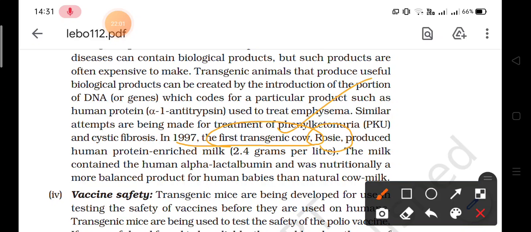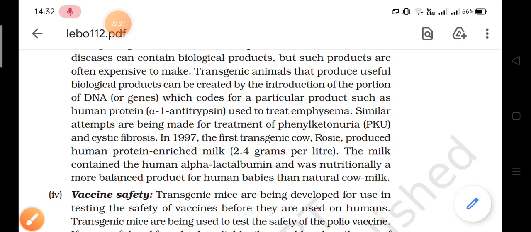Because of that, the milk produced by this cow contained a human protein, alpha lactalbumin, and it is nutritionally more balanced for human babies than natural cow milk, because we know that some infants are not able to get milk from their mother, and they need that milk because it provides a good immune system that is necessary for the development of the baby.